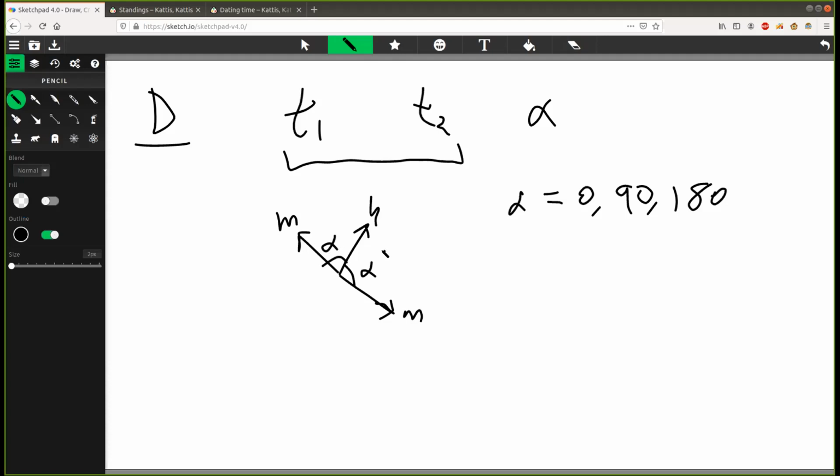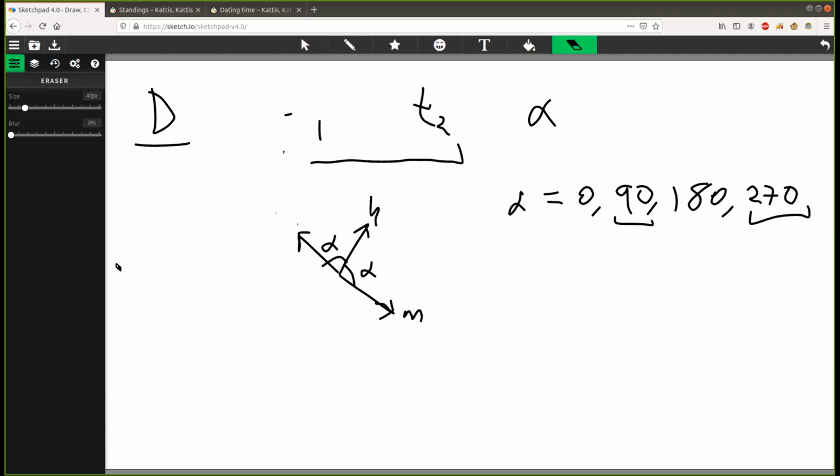So we can simplify that by saying we count 90 and 270. If we think the angle is only to the right, then we can easily deal with that. So the question is really, how do you find the interesting moments where they make the correct angle?